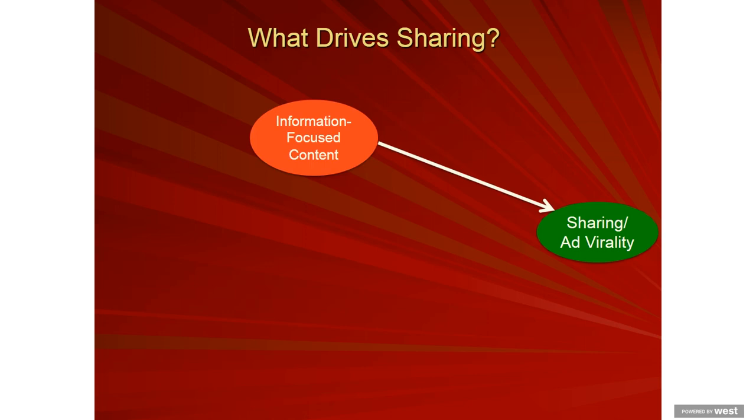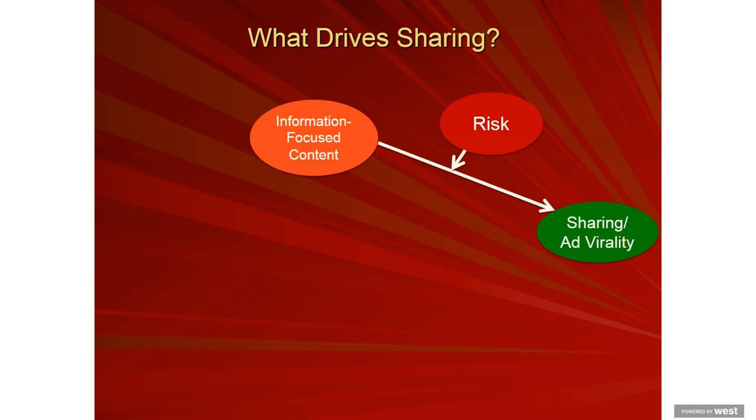So everyone wants the sharing of their ads and their videos on YouTube. Many people think it's the information value in the video that causes sharing. But we think this might actually have a negative effect, except in the context of risk. And by risk here we mean a new product or a high-priced product.